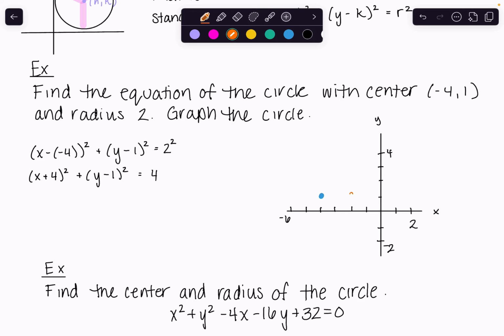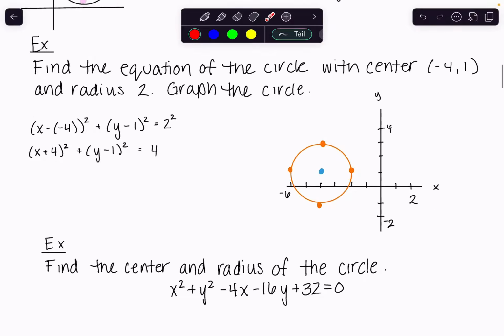So if I go to the right 2, that lands me here, down 2, left 2, and up 2. And then we go ahead and connect the dots, and that gives us a good representation of our circle. The center is not actually a point. The only things that are points are the ones on the edge, but again, you draw that center to be able to identify it. Okay.